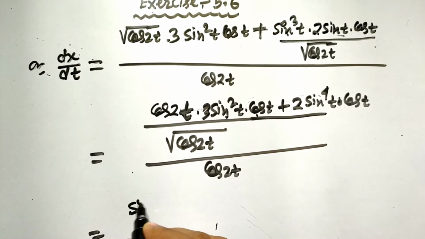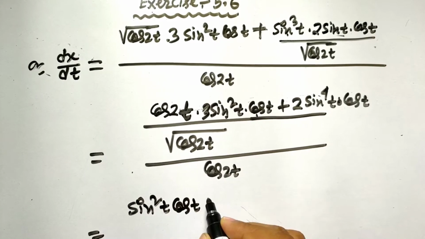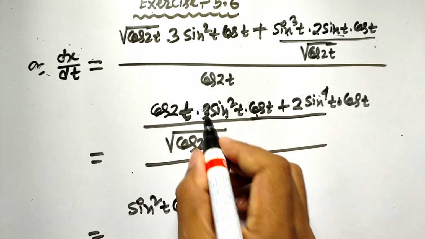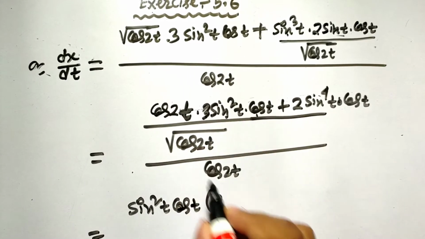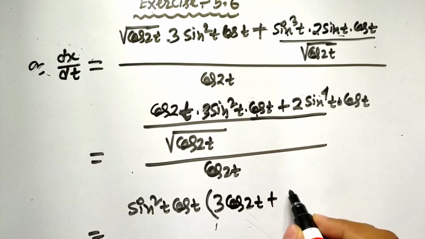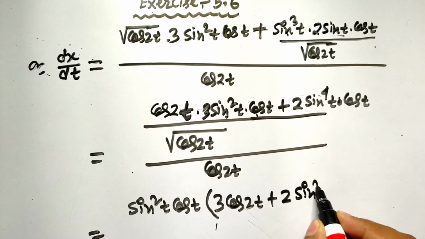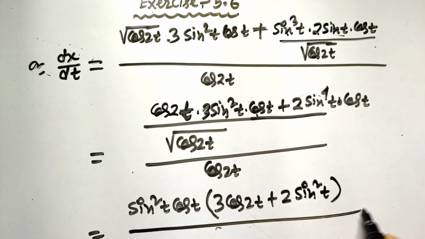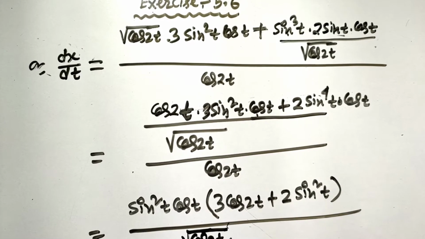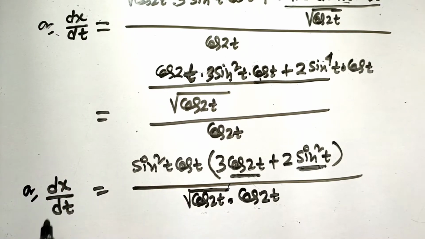So write down here sin square t cos t from numerator. Write 3 here as it is, 3 into cos 2t plus 2 sin square t, divided by root under cos 2t into cos 2t. So this is the value of dx dt.